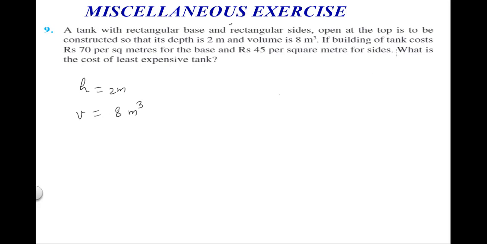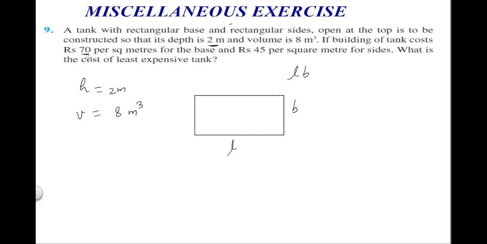And the building of the tank costs rupees 70 per square meter for the base. So for the base, let us draw it for a rough idea. So this is the base. It will have length and breadth. And height is already given as 2. So base area will be lb.